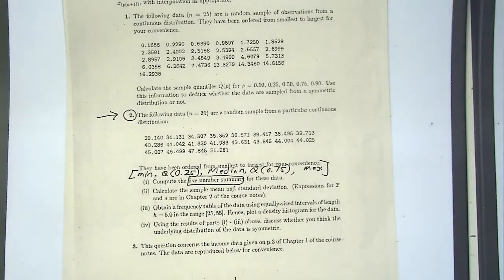The 5-number summary is these numbers here: the minimum, the first quartile, the median, third quartile, and the maximum. Those are the five numbers. Okay. Yes.